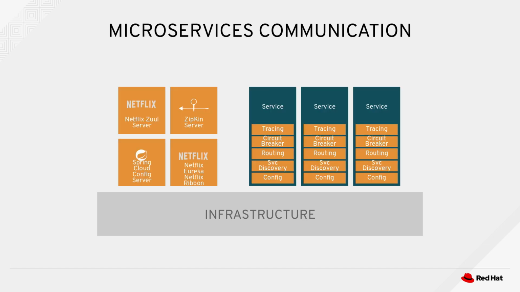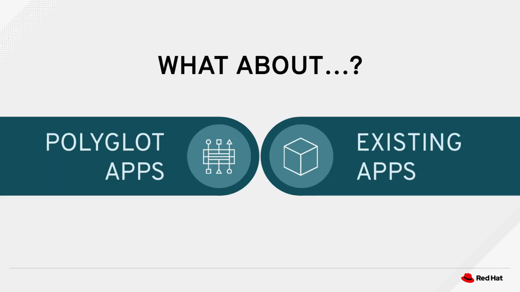Secondly, there is a challenge of implementing and managing the communication between the microservices, which includes things like configuration management, service discovery, routing management, fault tolerance, tracing. So all the aspects of the network communication.